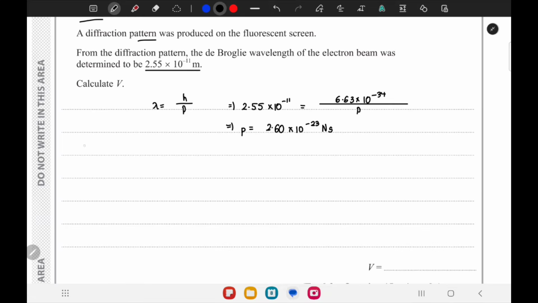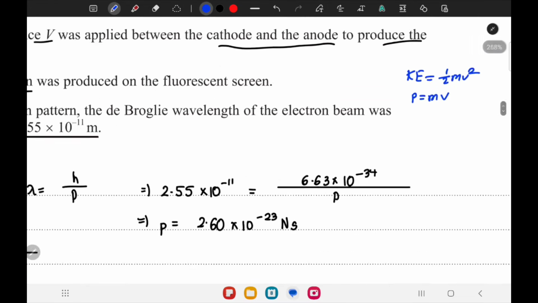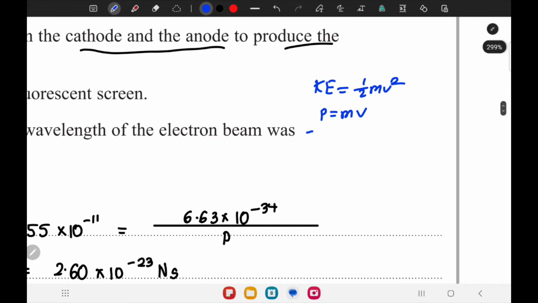Now we know that kinetic energy is p squared by 2m, so the momentum squared by 2m. We can derive it here as well. KE is half mv squared, momentum is mv, so velocity is momentum by mass.